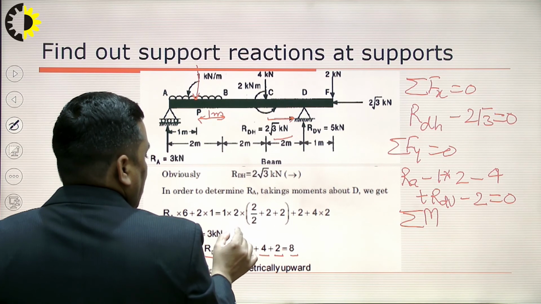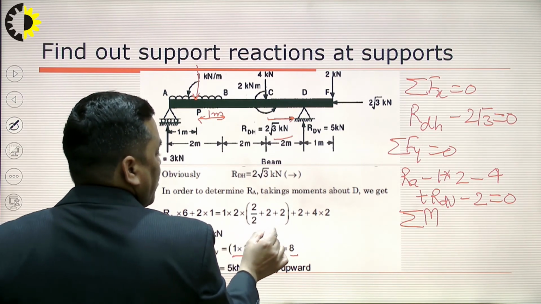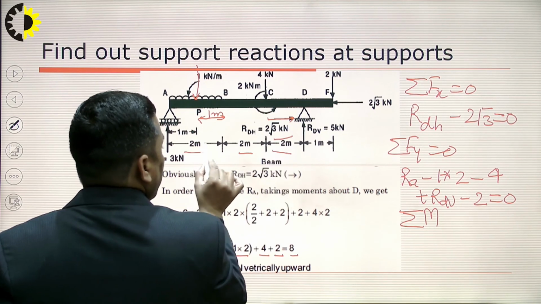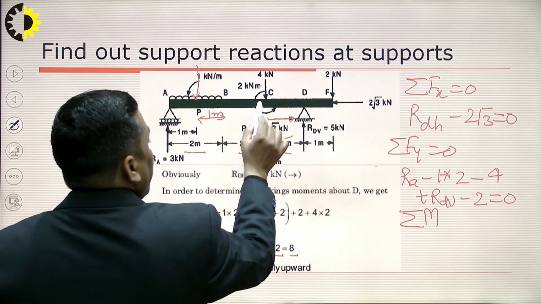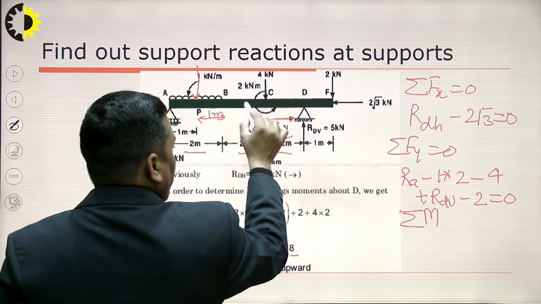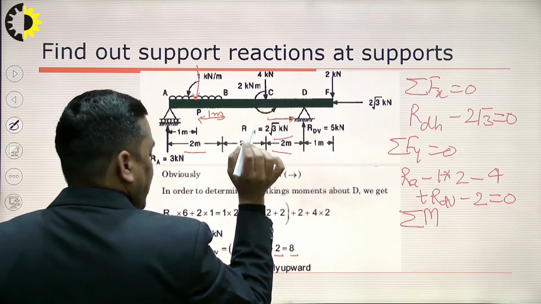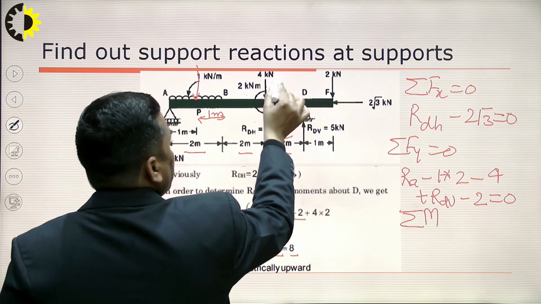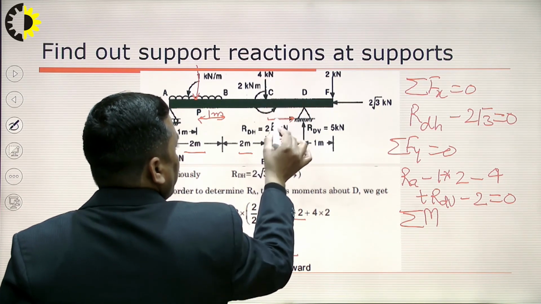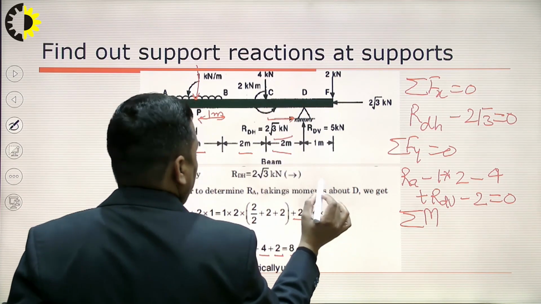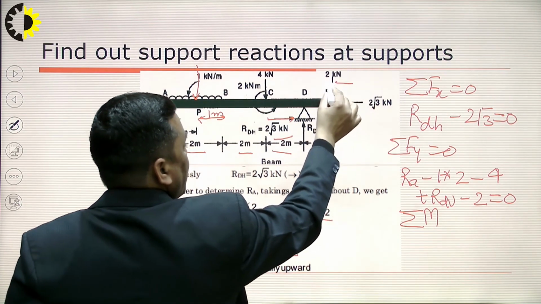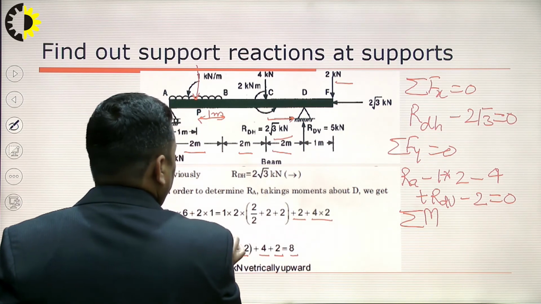So 1 into 2 into (2 plus 2 plus 2 by 2). Then the 2 kilonewton meter pure moment, which is a pure moment about point D. Then moment due to the 4 kilonewton load, 4 into 2. Moment due to 2 kilonewton, 2 into 1.